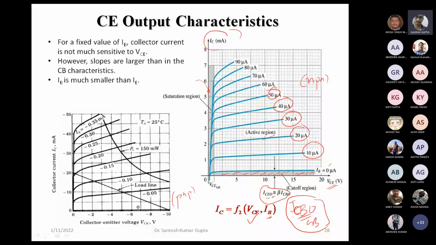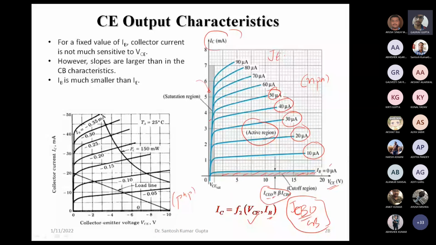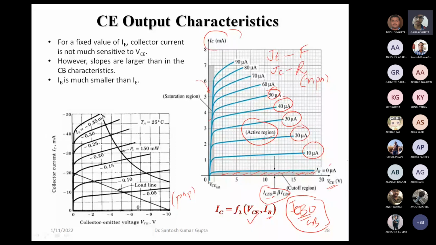So in this active region, as earlier stated, the emitter junction is forward biased and the collector junction is reverse biased. IB is actually very small compared to IE. IB is of the microampere order, whereas IE or IC is of the milliampere order.